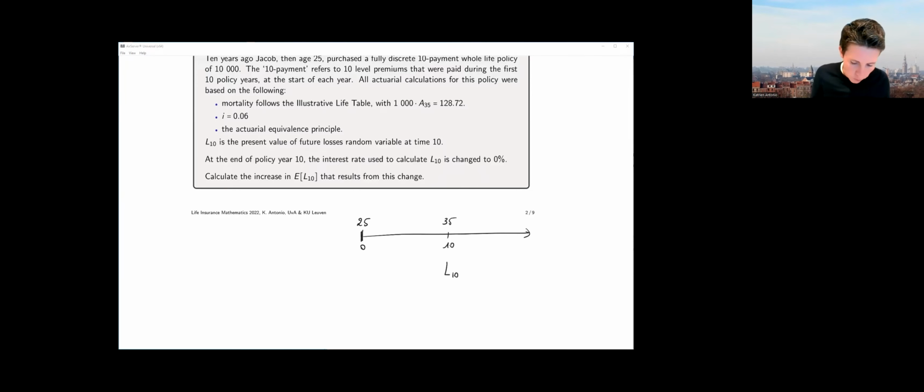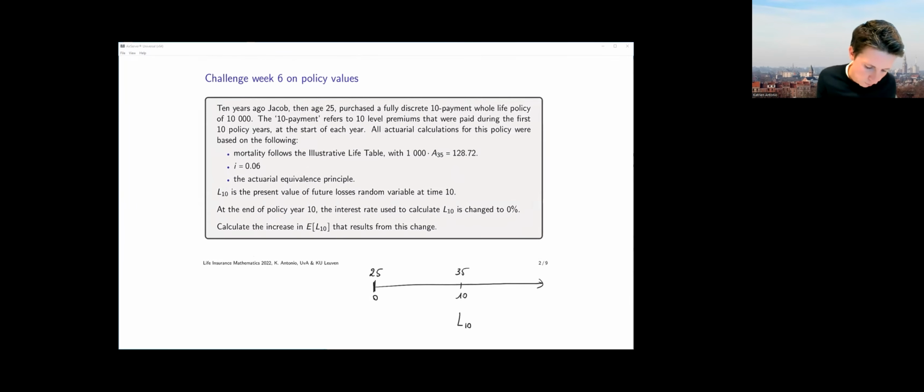Now, of course, if you look at what's going on in this contract, on the one hand, you have benefits, and on the other hand, you have premiums. Regarding the benefits, we know it's a sum insured of 10,000, and Jacob has now reached age 35. It's a fully discrete product, and it's a whole life policy.